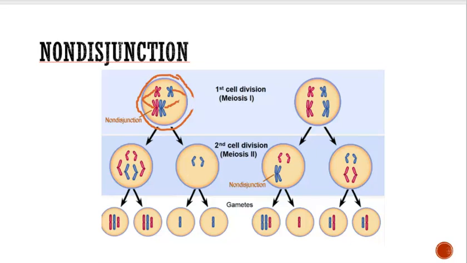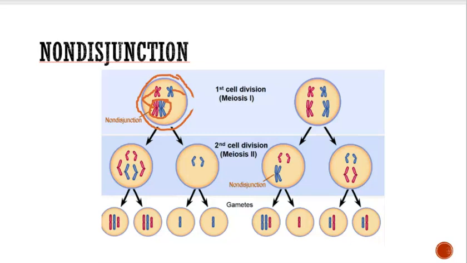But what happens if one of these spindle fibers does not connect to our homologous pair? The spindle fiber on this side will pull both members of the homologous pair to the left, and none will go to the right. And that's what you see after meiosis 1.